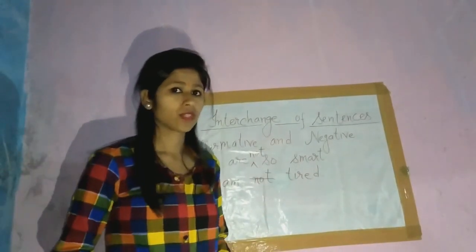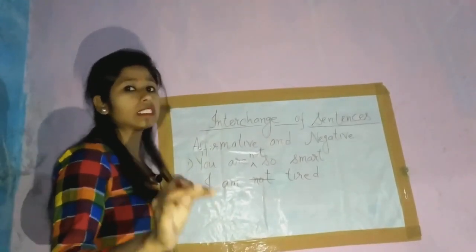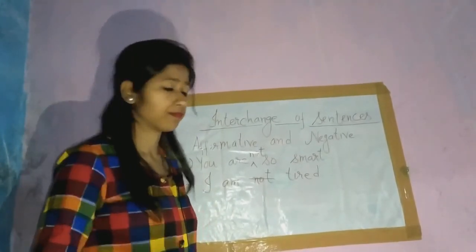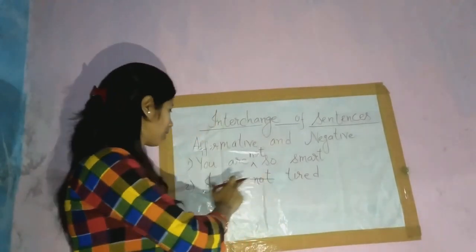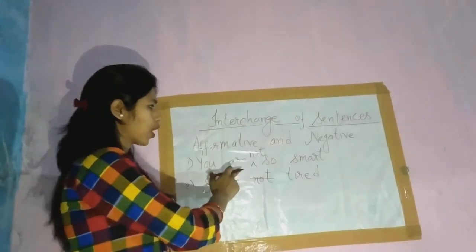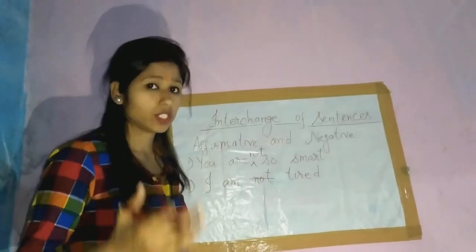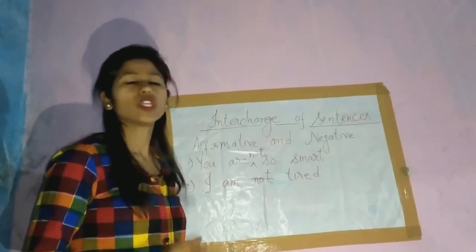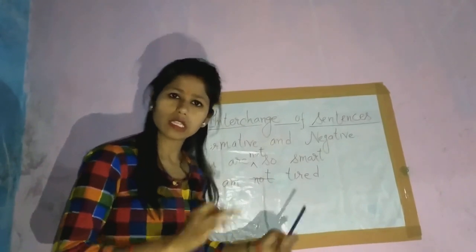But here you can see the meaning of the sentences has changed. You are so smart. And when I say you are not so smart, they are just opposite of each other in meaning. We cannot do this. So sometimes this interchange of sentences is correct.